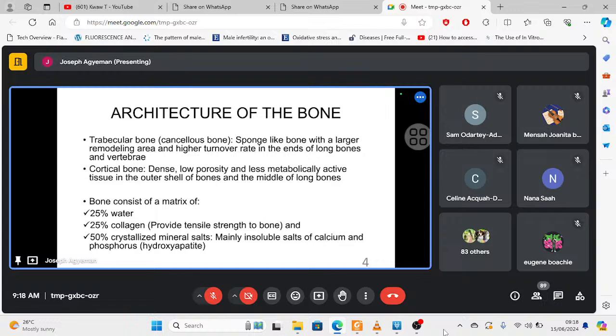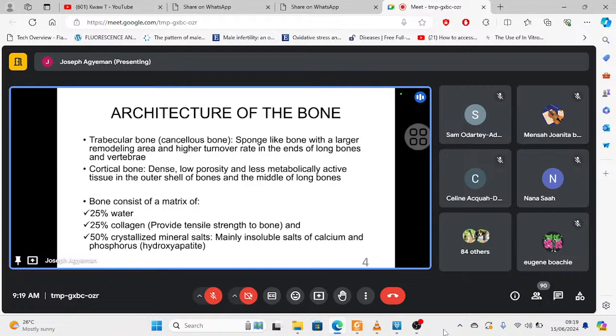In general, bone is a combination of so many things, a matrix of water and collagen plus the ions. So basically, collagen and water constitute roughly 25% each. And of course, collagen confers tensile strength.